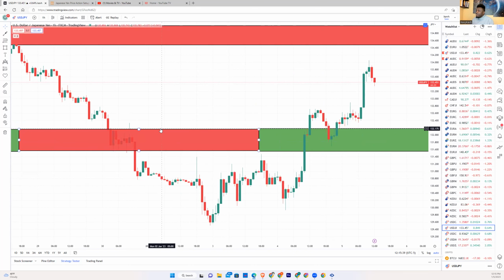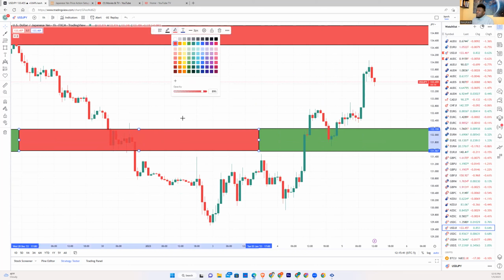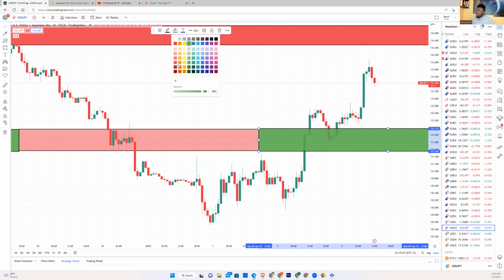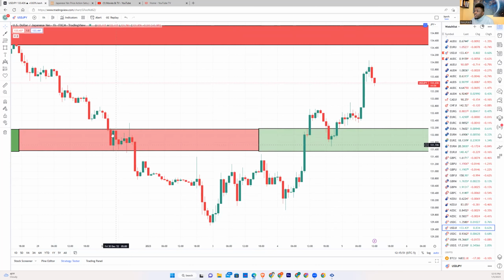Now this, if you are taking this trade, this would have been a perfect trade for you. Okay, this would have been a perfect trade for us. This is what I mean. Look at this. You already know that this is a significant area right here. Okay, and you can see it's the same level right here.